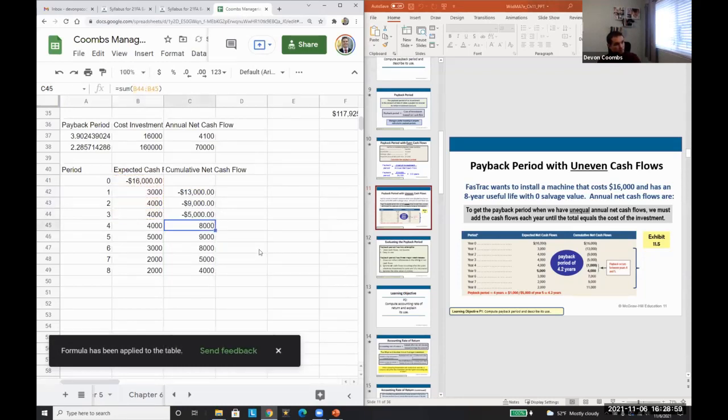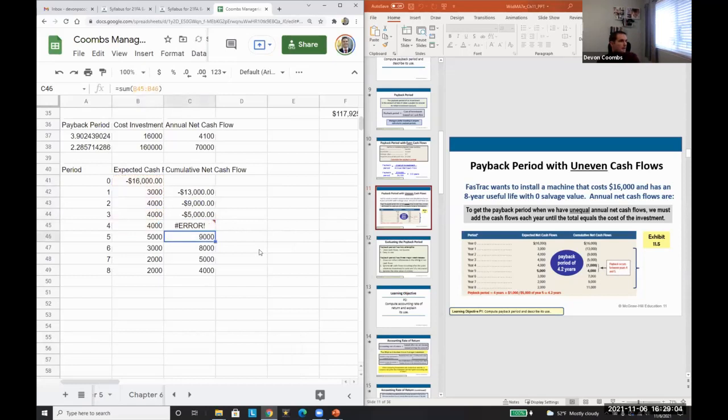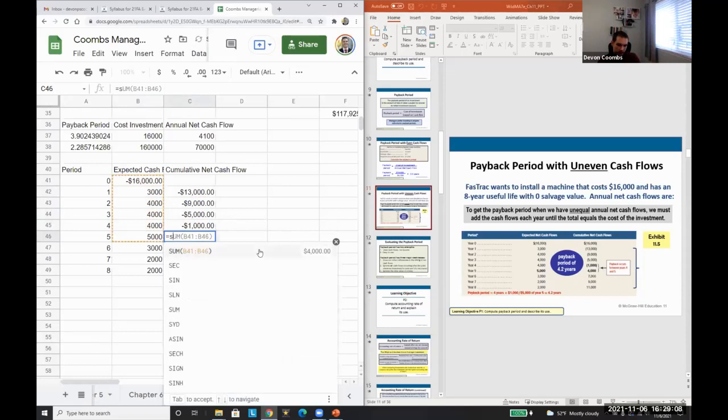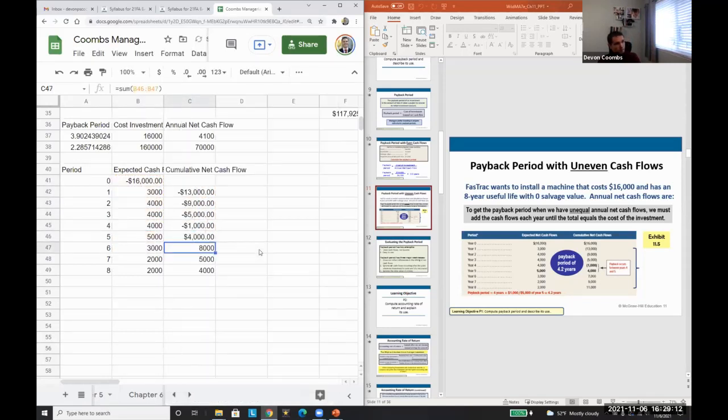So we just sum when we try to find the period when we make everything back. So here, after about between 4 and 5 years, we make all the money back, right?